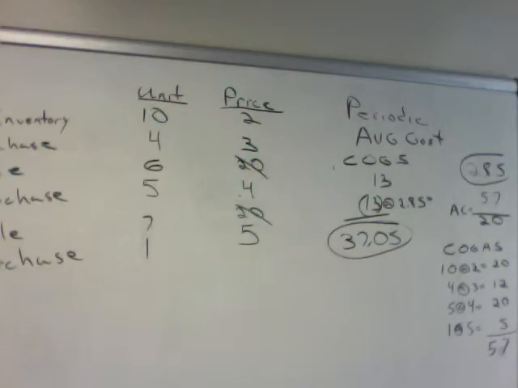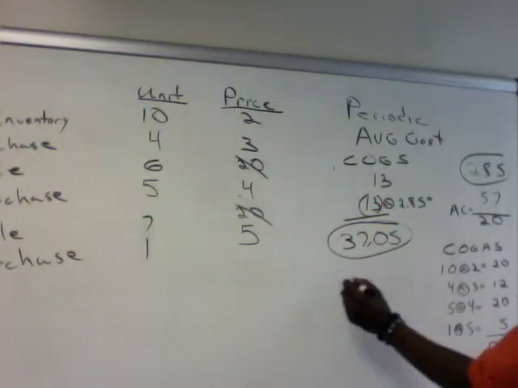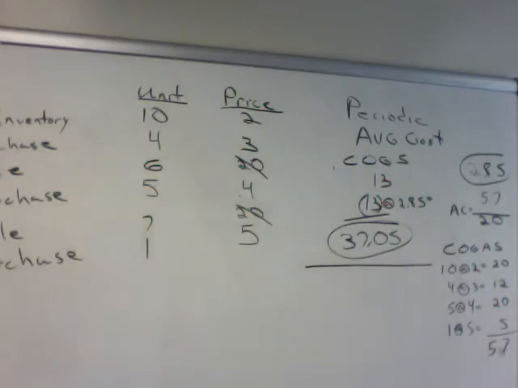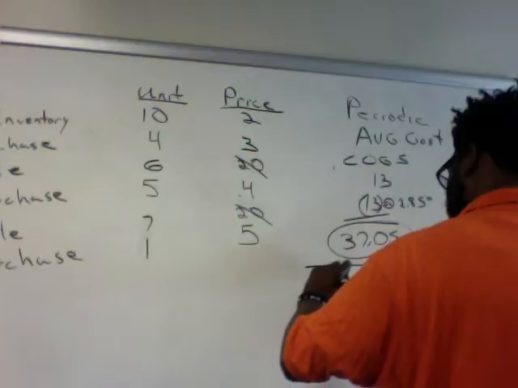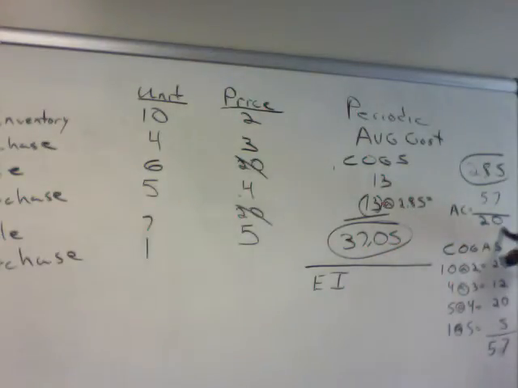And as you can see, these numbers are much different from what we calculated when we were working with the perpetual. And so next I need to find my ending inventory. And we already know, based on the logic here, we started out with 20 units available throughout the entire period.